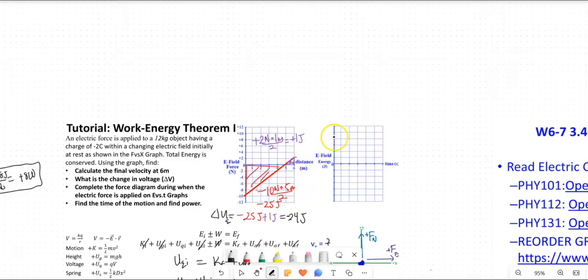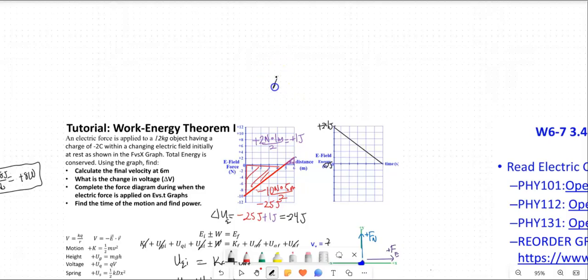Okay, so I'm going to just pick its starting energy as positive 24 joules. Sure, why not? And then it's going to be dropping off to 0 joules. And we need to figure out that amount of time here.